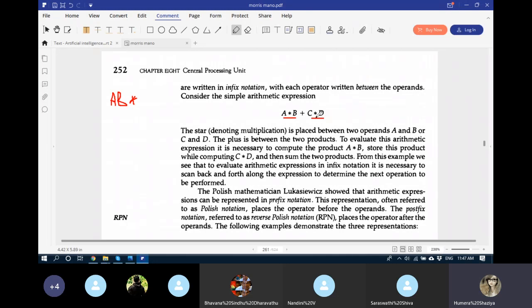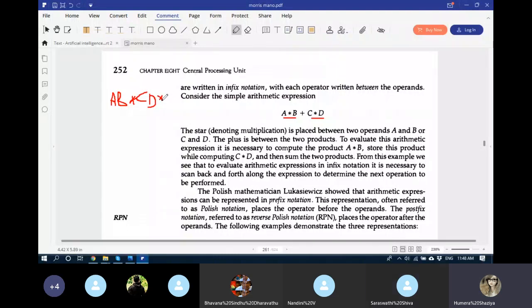Both A into B and C into D are evaluated. Then the result of A into B is added to the result of C into D, meaning the product of AB is added with the product of CD. So AB star you do first, then you do CD star. Okay, then what do you do?